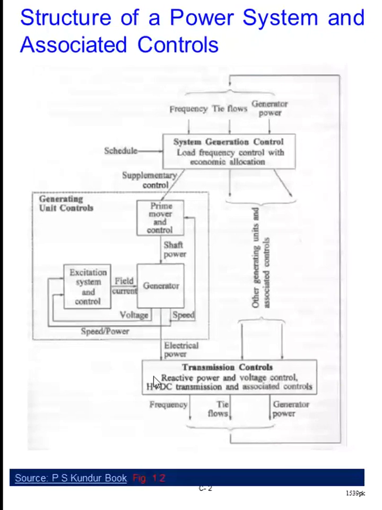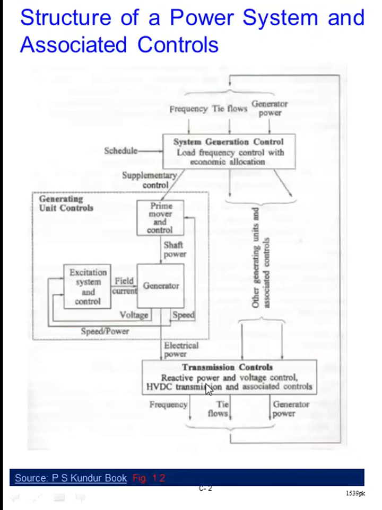Because you have generators connected to these buses, you have loads connected to these buses, and thus to maintain the voltage stability in the system, right? Whenever you have, let's say, a light load condition or a heavy load condition, more power drawn, the voltage at the bus will vary. We will discuss this topic later on in another chapter.